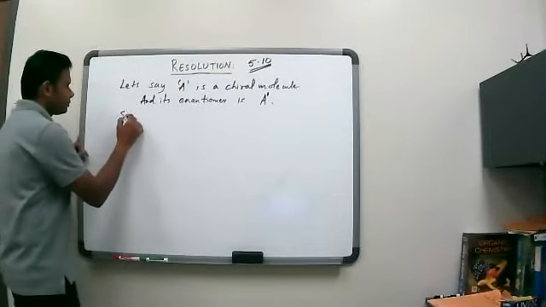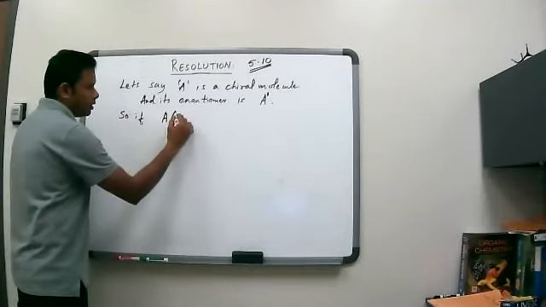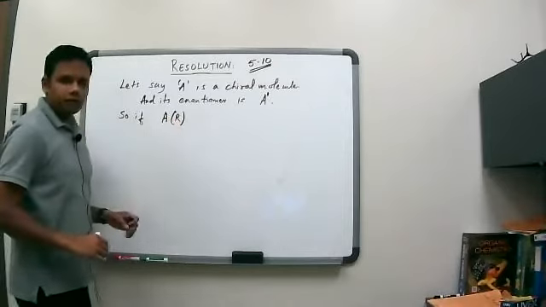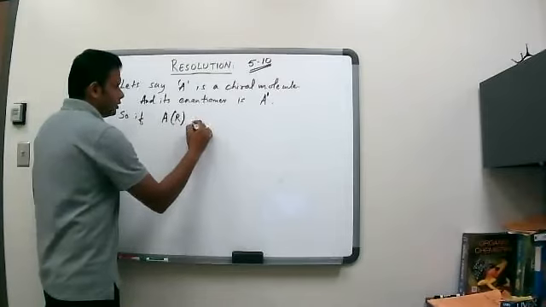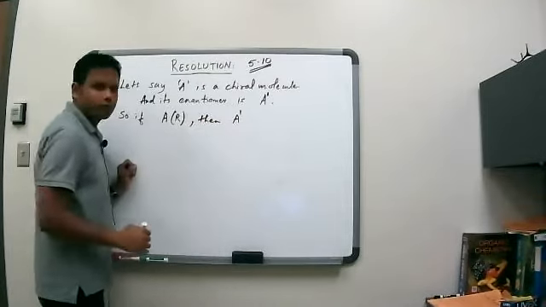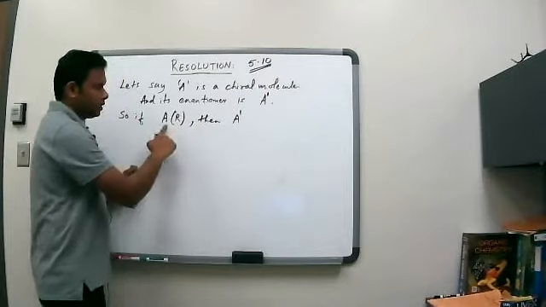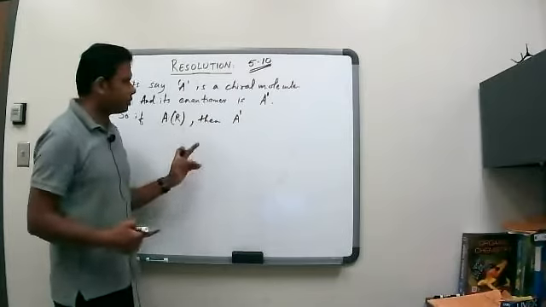So if A is of the R configuration, then A prime is its enantiomer, so that is its non-superimposable mirror image.